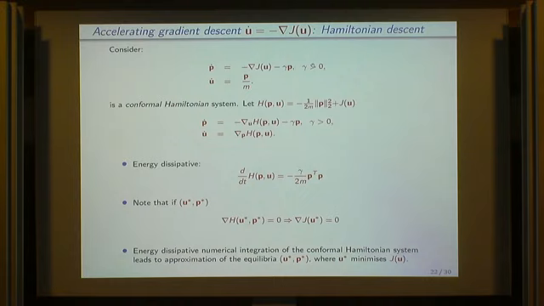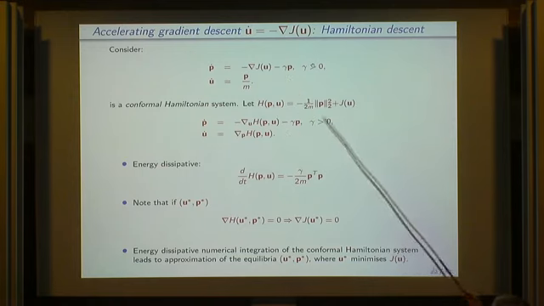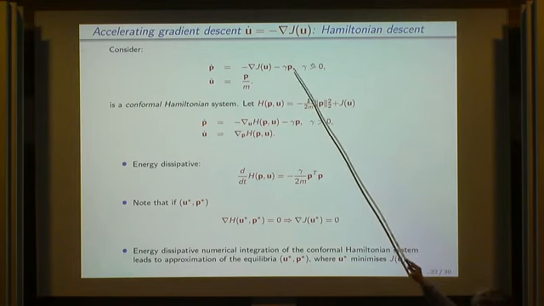Okay? So there are a number of ways of accelerating gradient descent by looking at Hamiltonian systems. This is something that we are familiar with from molecular dynamics. We have been looking at things like that almost for 2 days now. So what you do is you put up a Hamiltonian system that has this Hamiltonian function here, and you add some linear dissipation. Okay?